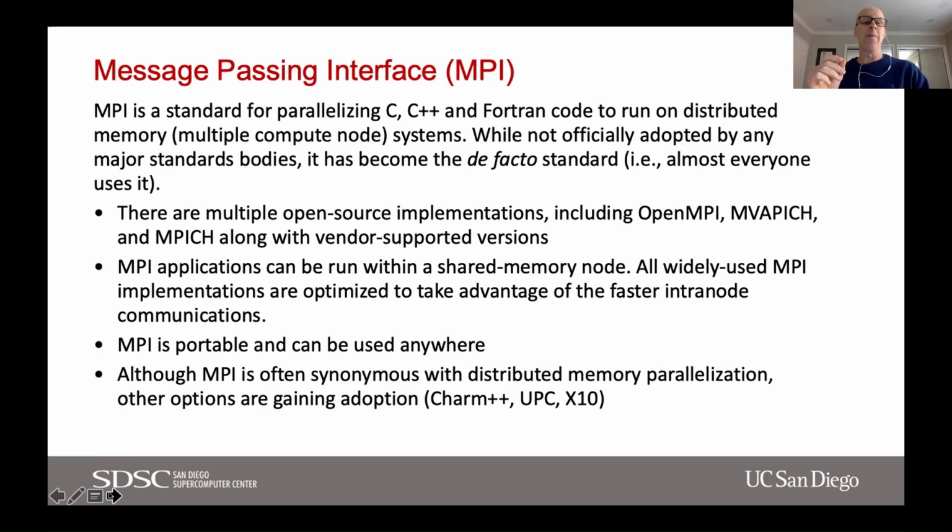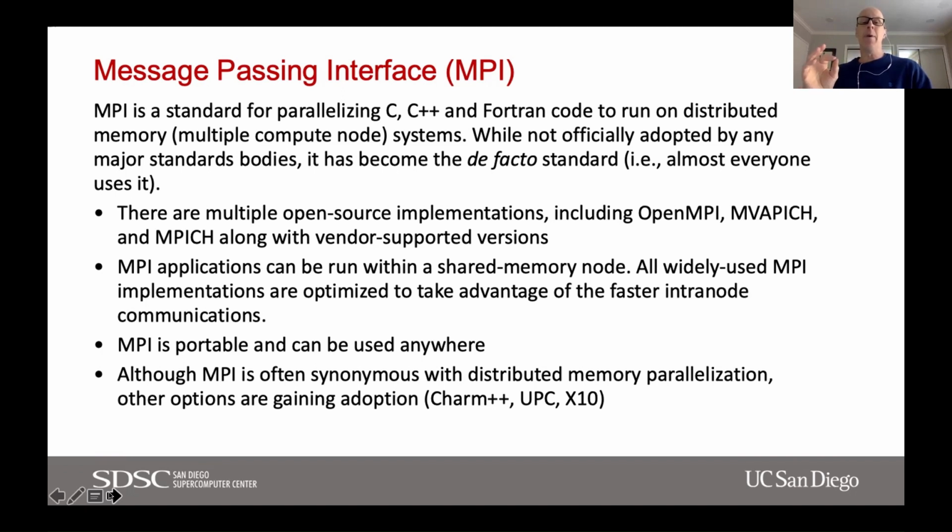Now, there's a little bit of confusion once we start talking about OpenMPI, MVAPICH, and MPICH. These are just multiple open source implementations of MPI. So basically, MPI is a standard, and OpenMPI, MVAPICH, MPICH, and these other groups, along with vendor-supported versions, will implement MPI.